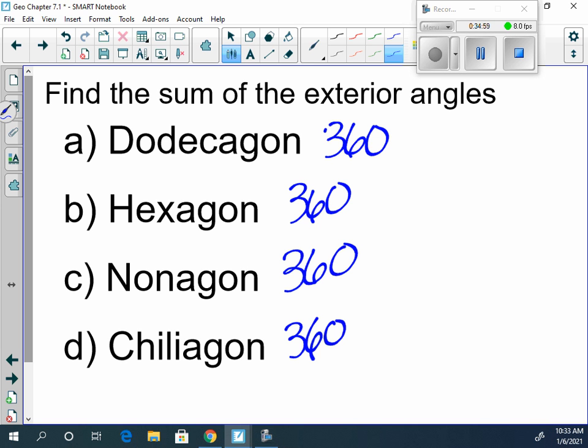So for a dodecagon, the number of sides is 12. If I wanted to find one angle in a regular dodecagon, I can take 360 and divide it by 12. And 360 divided by 12 is going to be 30.